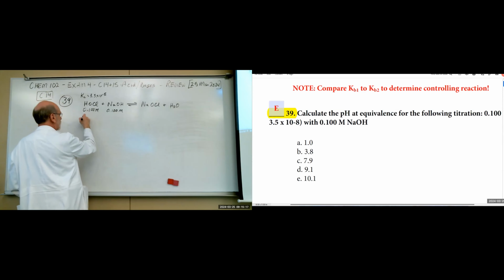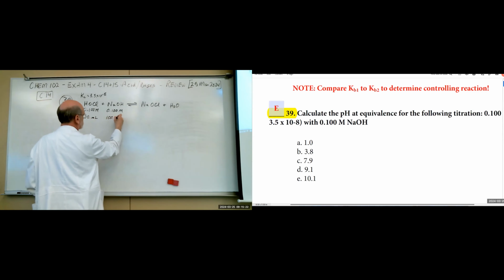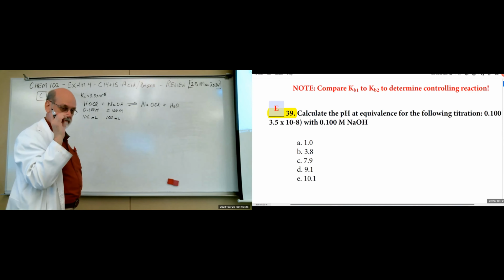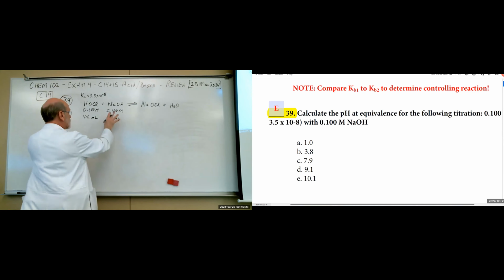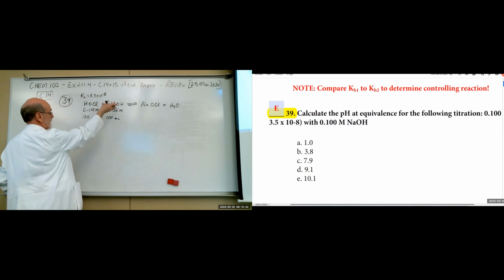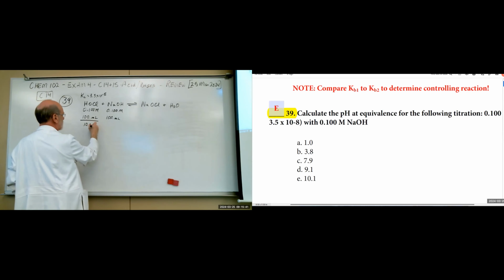So if we have 100 mils of this and 100 mils of this, right? At equivalence, we're going to use up all of this and produce that. Right? So we can pick either one of these. It doesn't matter. 100 times 0.1 is what? Is 10 millimole.